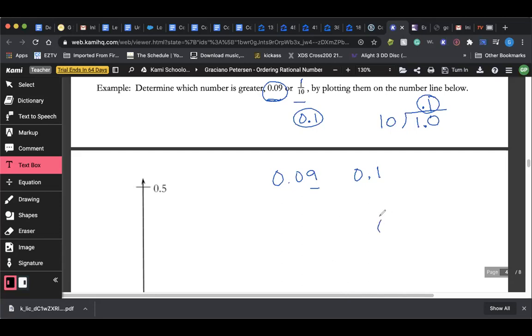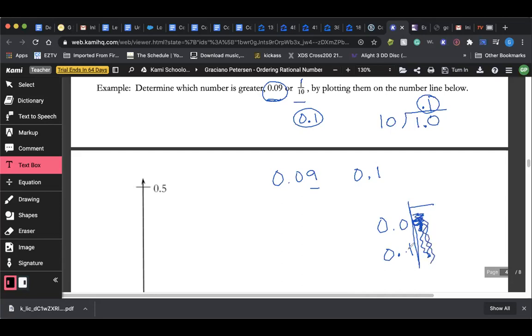Okay, so remember when we compare our decimals, we have to compare place value to place value. It doesn't matter that that 9 is a bigger number than that 1, because all we care about is the place value, right? So we don't even see what's over here on this side.